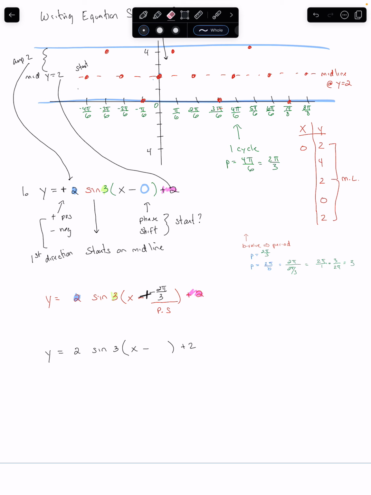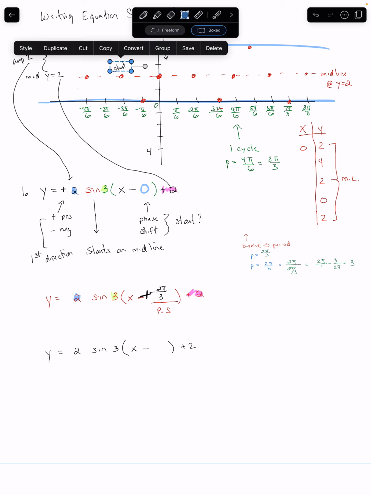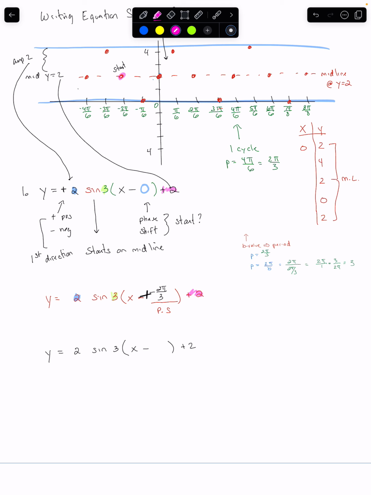Okay, now let's say I move my starting point from here to here. All right, so I'm going to start here now, and I'm going to get my next equation. All right, so this point, I'm going to write that equation.